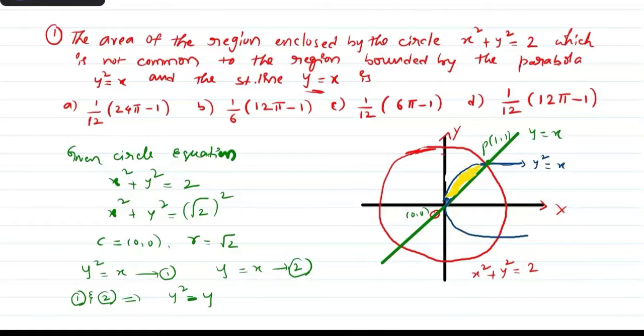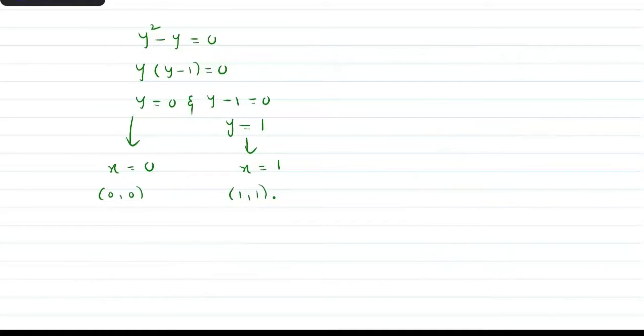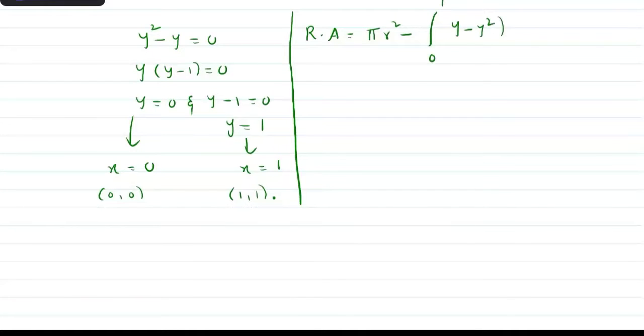So we have to find this common part area and subtract it from the total area of the circle, right? Therefore the required area is equal to the total circle area, that is pi r square, minus the area bounded by the parabola and the line, that is integral of y minus y square, because one function is x is equal to y and the other function is x is equal to y square.